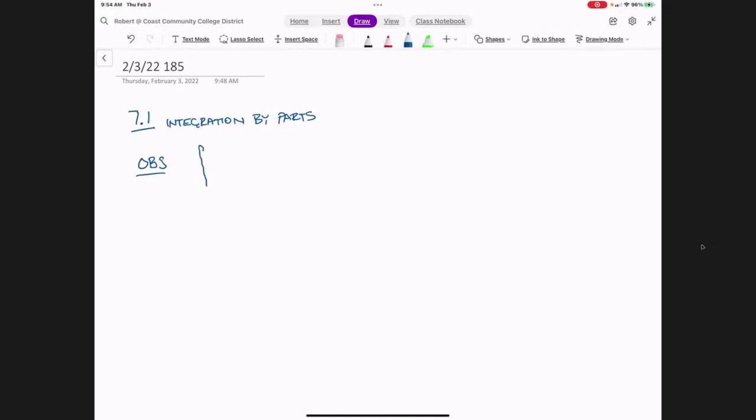If I was to integrate the derivative of u times v, in Leibniz notation, that would equal the integral of u dv plus v du, which I can separate into two integrals, the integral of u dv plus the integral of v du.